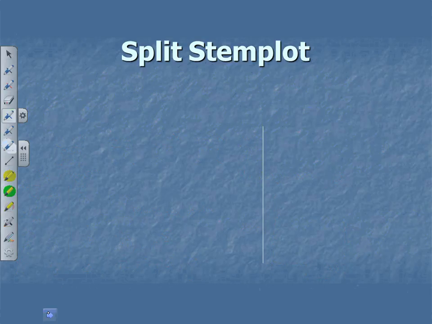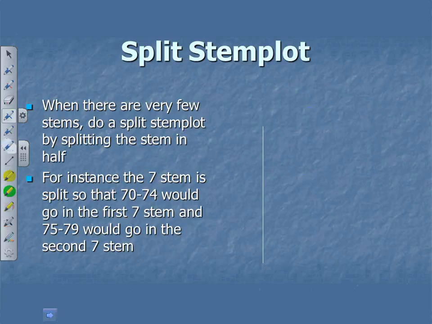All right, next. So we talked about spread. There's another kind of stem plot we need to learn, a split stem plot. When there are very few stems or less data, we can split and make two stems.